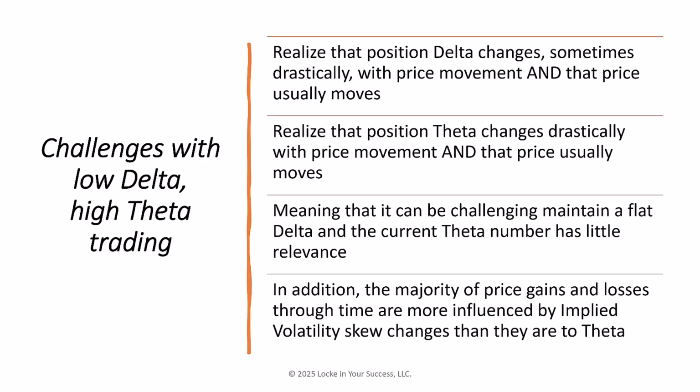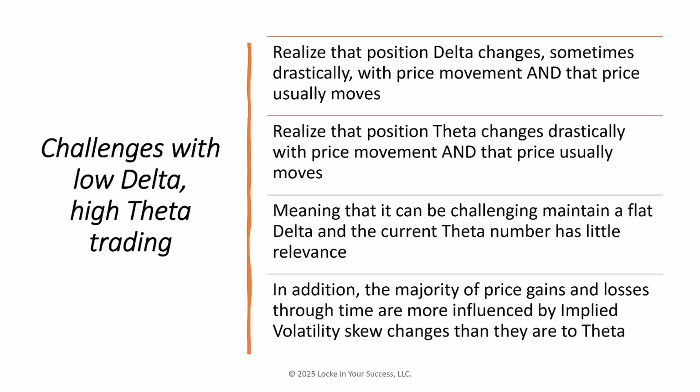But back in the days when this was kind of starting out for retail traders, price didn't move that much. Today, it moves a lot, right? And yes, we get more favorable implied volatility skew curves that allow flatter delta in our trades, but you still get huge delta changes with our price movement, especially if you're high theta.